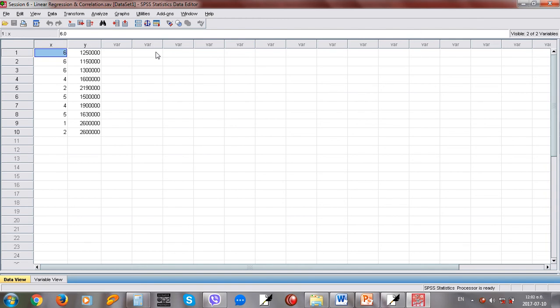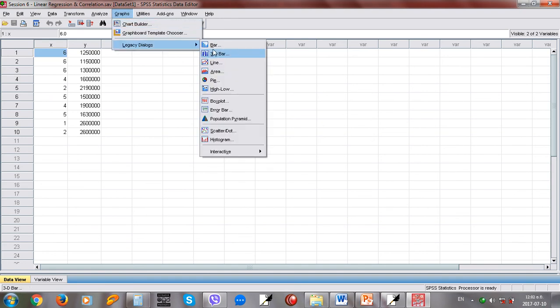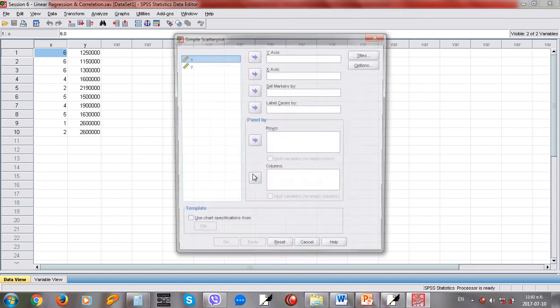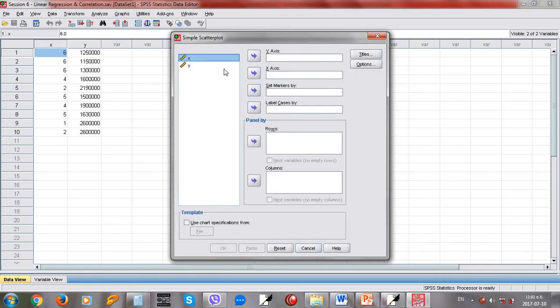Now we will see how we can do these things. First we are going to check the linearity between these two variables. So we go to graphs, legacy dialogues, then scatter dot. Then simple scatter, define, then x-axis here, y-axis there. Then you can add the title.